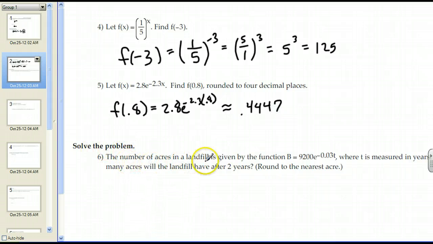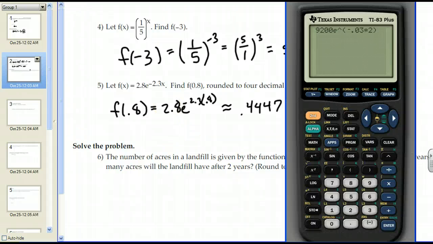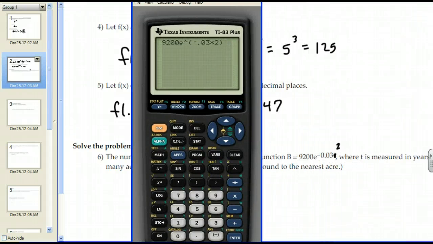The number of acres in a landfill is given by this function, where t is measured in years. How many acres will the landfill have after 2 years? Since t is measured in years, we're just going to replace that t with 2. Then throw it in your calculator, hit enter. So there's the function 9200 e to the negative 0.03 times 2.